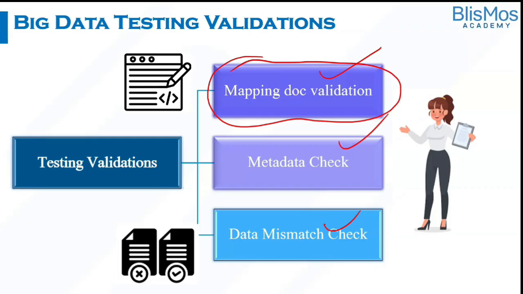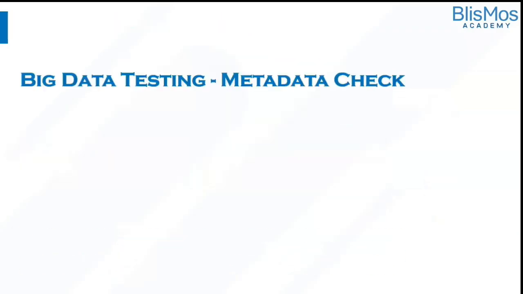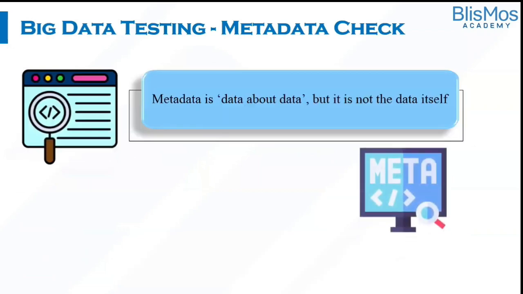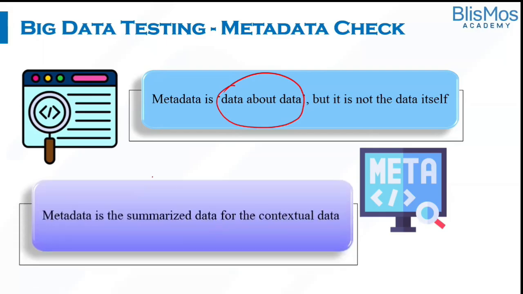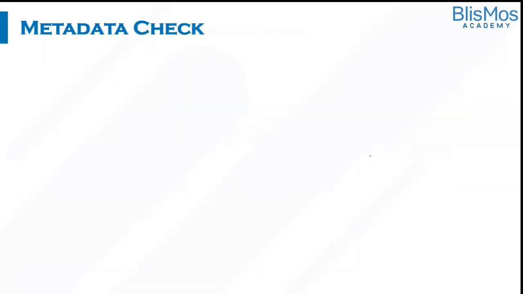Now, the focus is on metadata. What is metadata? We already know it, right? But for revision, metadata is the data about data. And don't say it is the data itself. Metadata is the data about data. It is summarized data for the contextual data. We are summarizing the whole data itself.